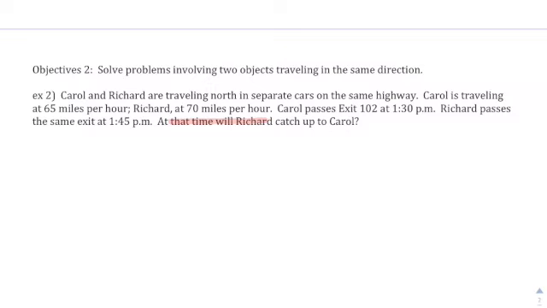Well, Carol passed the exit at 1:30 and Richard passed at 1:45. Carol has another 15 minutes more before Richard catches up. We've got to change that 15 minutes into a number so we can do the calculation, in terms of t.